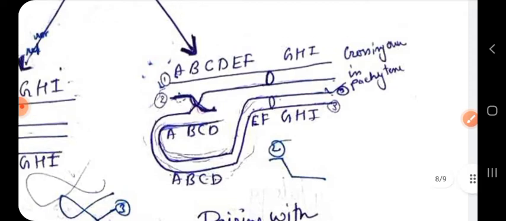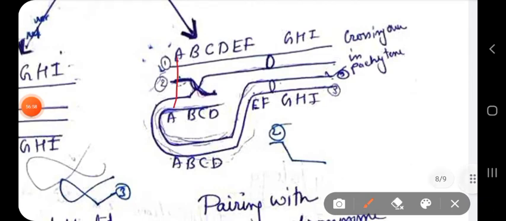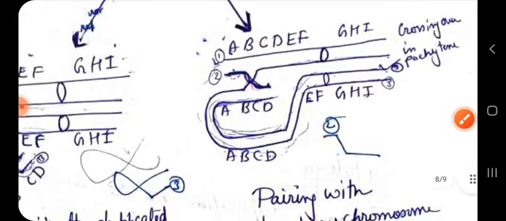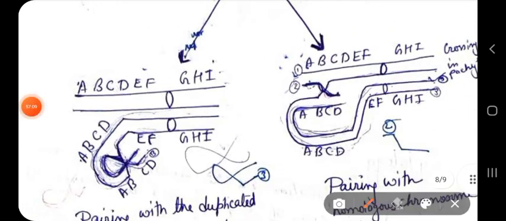Here the corresponding segment of the homologous chromosome has been paired with the tandemly duplicated region. And in both of these cases, whether this or this, crossing over occurs in the duplicated region. You can see crossing over has occurred in the duplicated regions, which leads to a dicentric chromosome, and it gives rise to the bridge breakage fusion cycle concept.